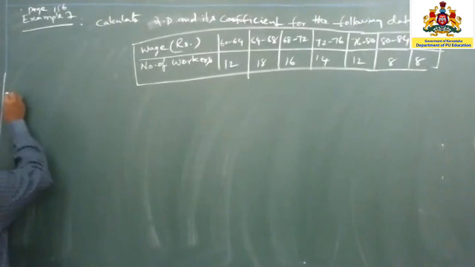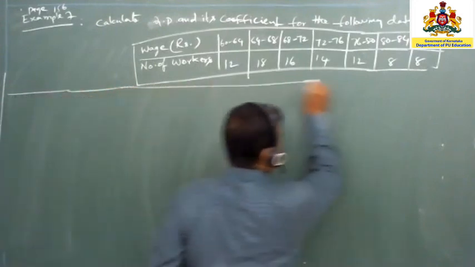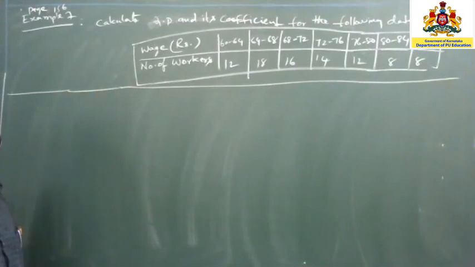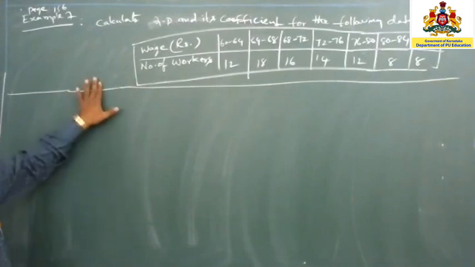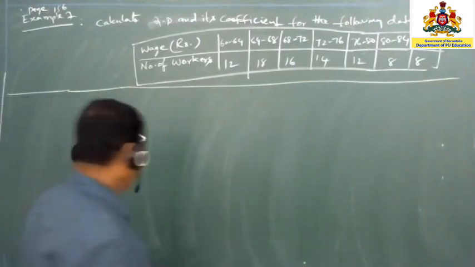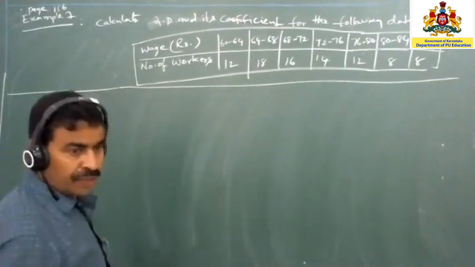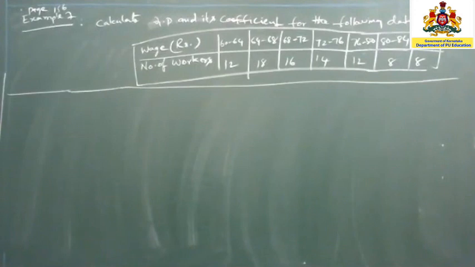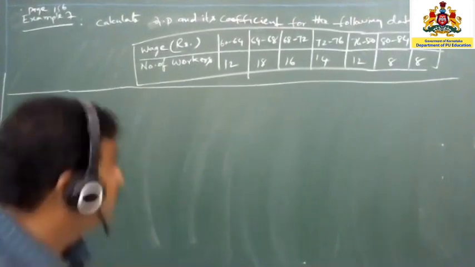It is the given question. The data has class intervals, so it is a continuous frequency distribution.